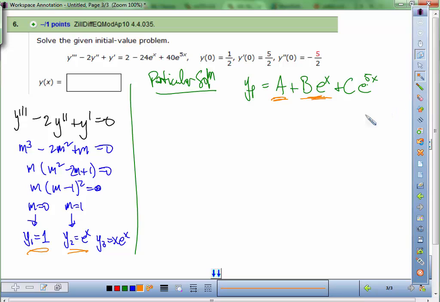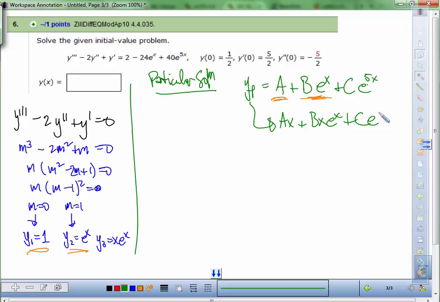So what we can do is change this to be a times x plus b x e to the x plus c e to the 5x. Oh, so y3 has an issue here too if we kept that. So let's just throw another x in there, so make it x squared.